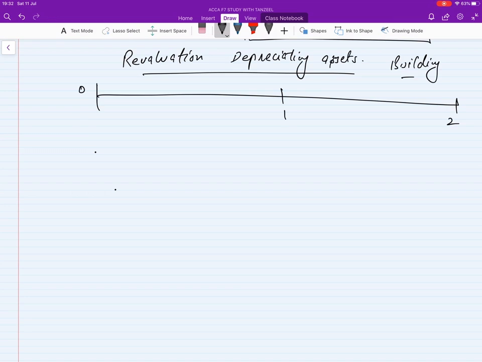If you have a cost of 10,000 and you have a life of 5 years, okay, how will you calculate depreciation? 10,000 divided by the life, which is 5. It means 2,000 depreciation for this year, and in year 1 and year 2 depreciation is 2,000.